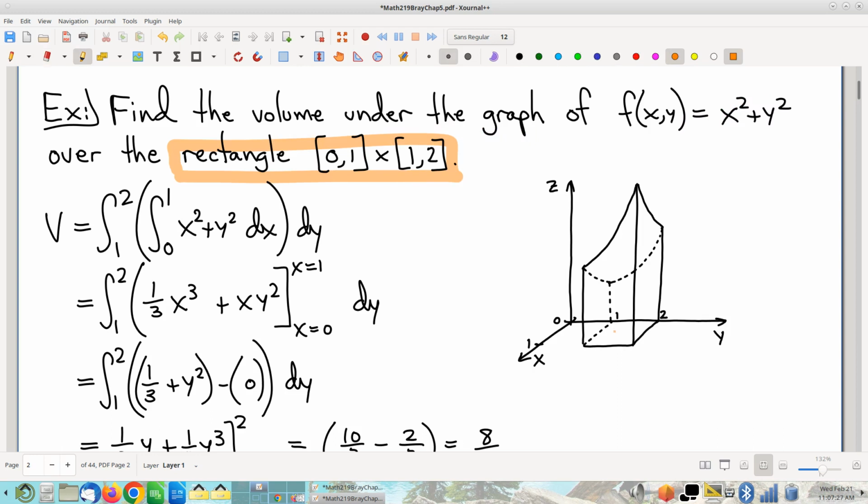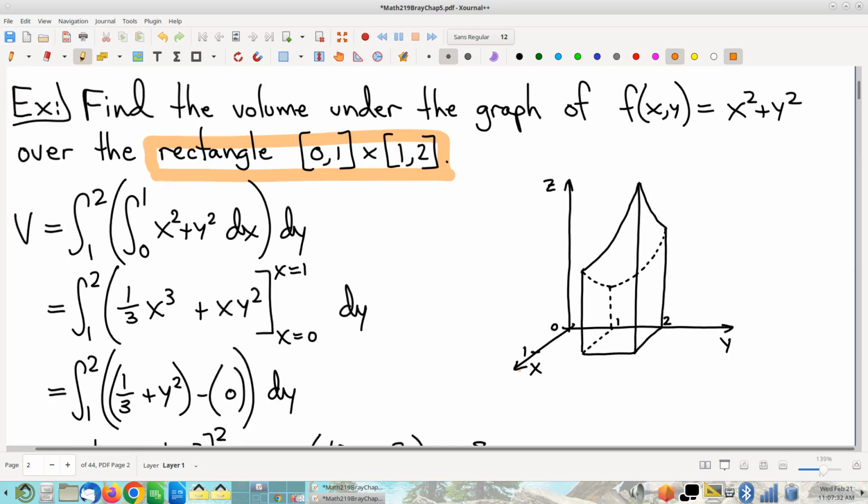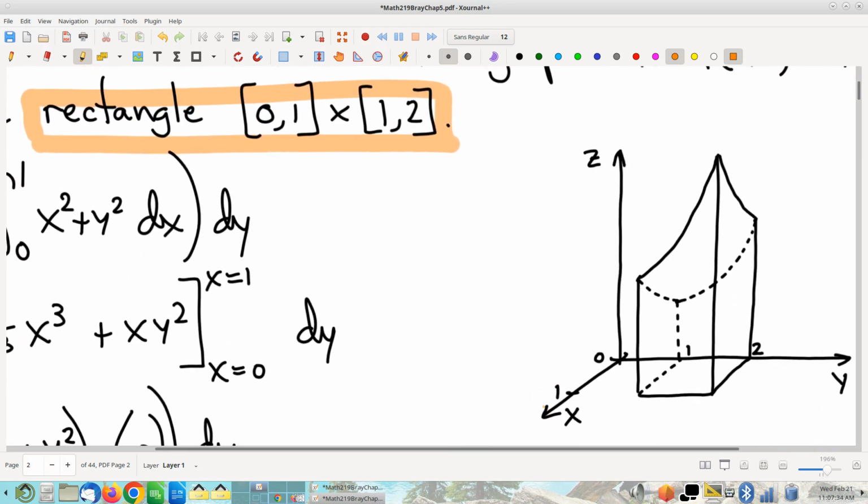This is notation representing, let me zoom. There we go. This represents this rectangle right here. And the notation comes from the idea that the first interval there is telling you what the range of values of the first variable x is, and the second interval listed is telling you the range of values of the second variable y.